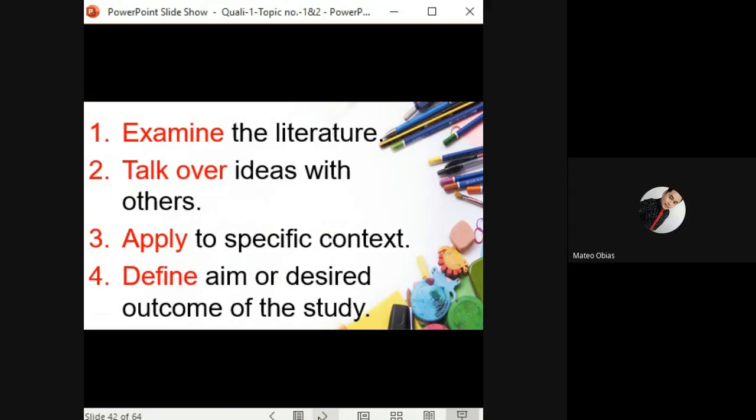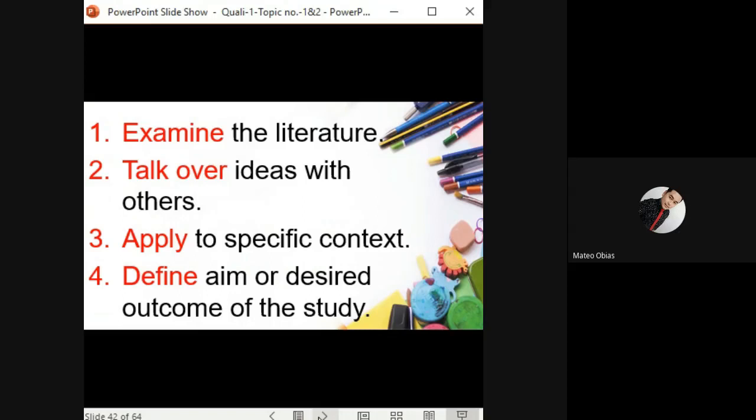So number two is talk over ideas with others. What does this mean? So brainstorming, tama. Okay? So you can ask people who are knowledgeable about the topic. You can ask those people for questions about what's the thought of it. Do they have some opinions about this one?